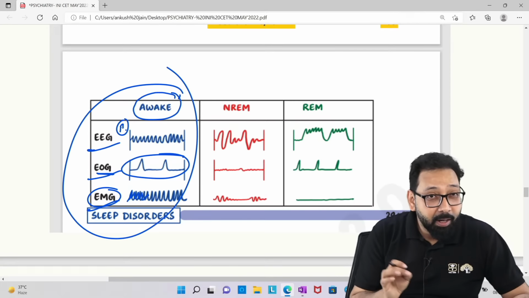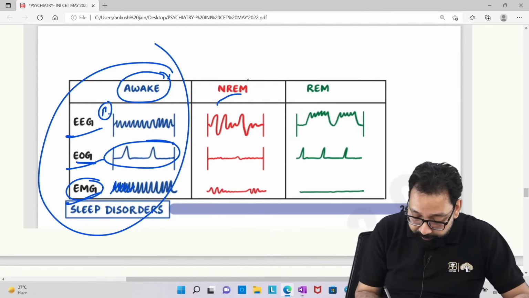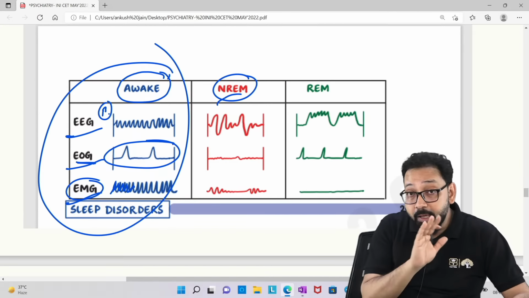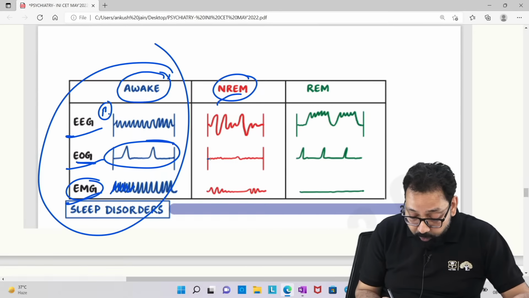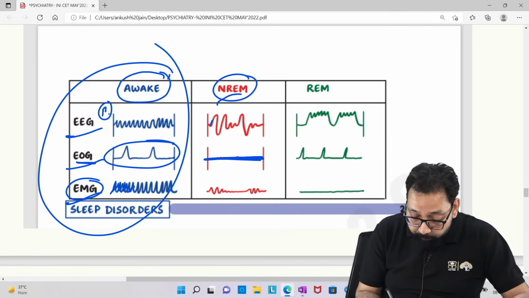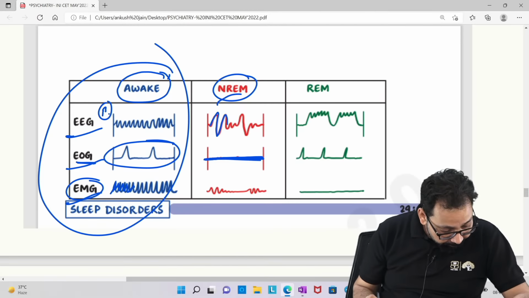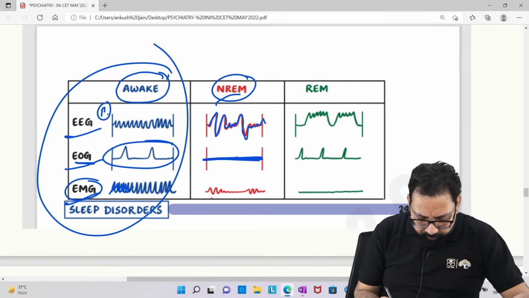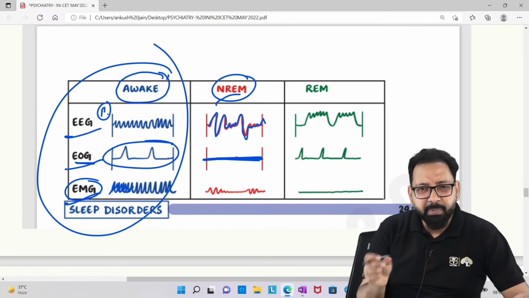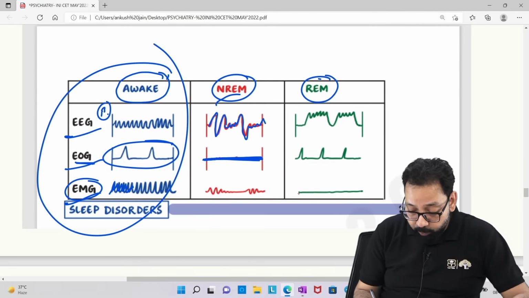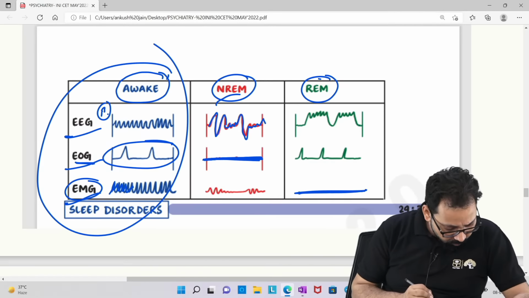In the NREM stage, rapid eye movements are not there. When eye movements are not there, the electro-oculogram would be flat, and there would be delta waves. In the electromyogram, a little bit of muscle movement would be there when we are sleeping, but in REM sleep the electromyogram would be flat.